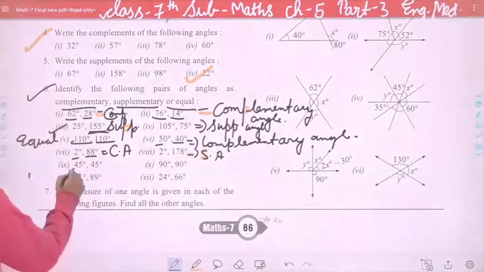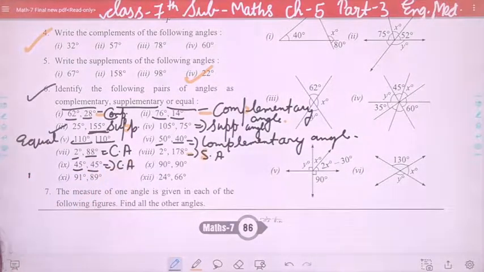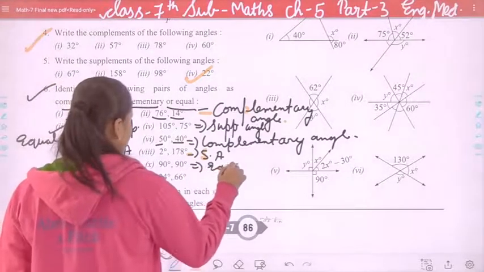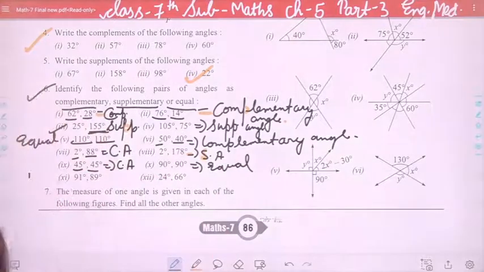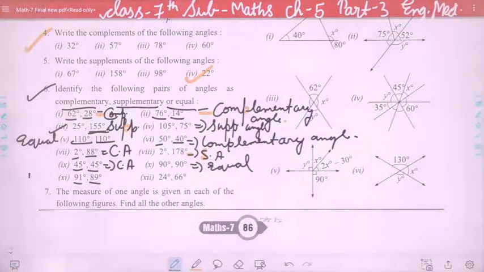Next 45 and 45, complementary angle. 90 and 90, again equal. No complementary, equal. Next 91 and 89, 91 ऊपर है 90 से, that is known as supplementary angle.